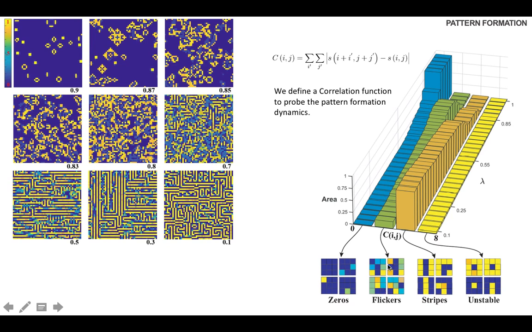Then there is a flickering regime, sort of between 3 and 4, where the differences, if you sum them up, are around 3 or 4. Then there are stripes, which correspond to a correlation function of 6, and when it's 8, it's basically unstable for the whole range of lambda, while these stripes prevail as you go down in lambda.